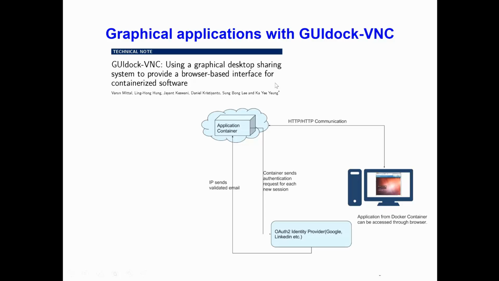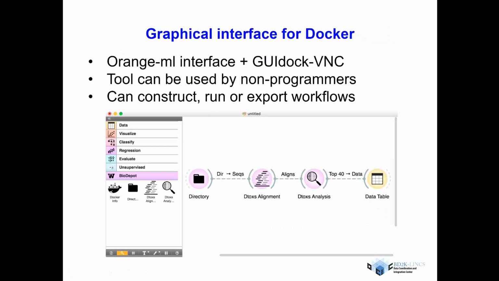So one of the things that we want to use this for, and I'll demo in the last little bit, is we want to have a nice graphical interface so that people can use the fact that these Docker containers are modularized and construct their own pipelines and run their own pipelines without actually having to write a shell script or a Python script or do any real programming.